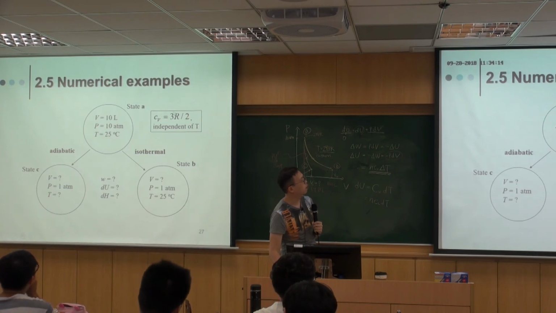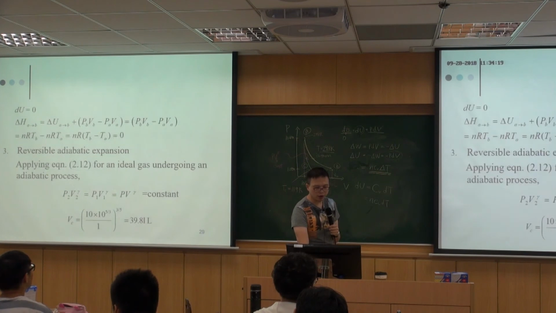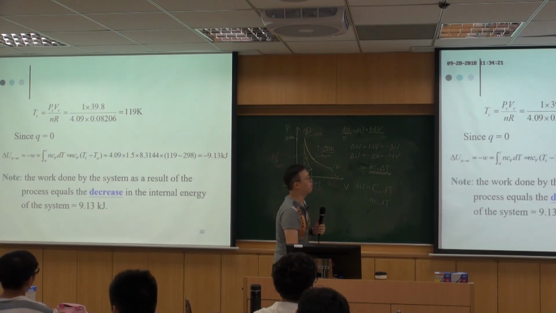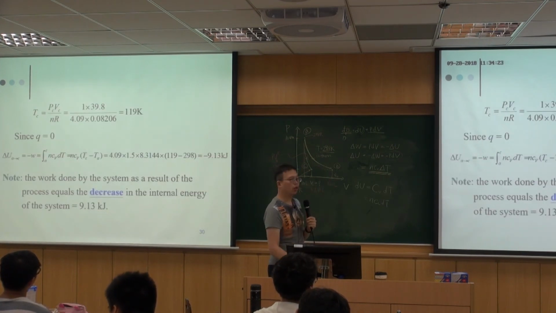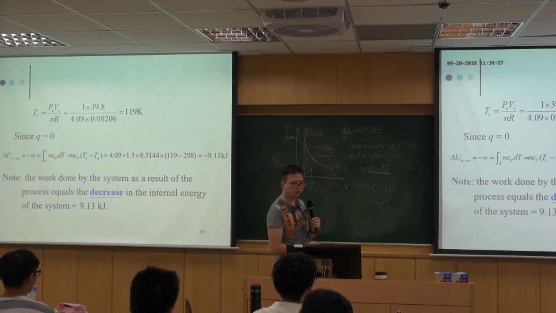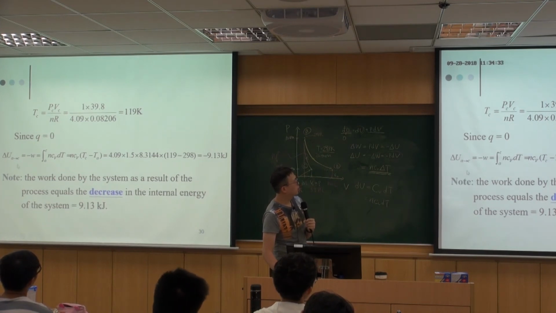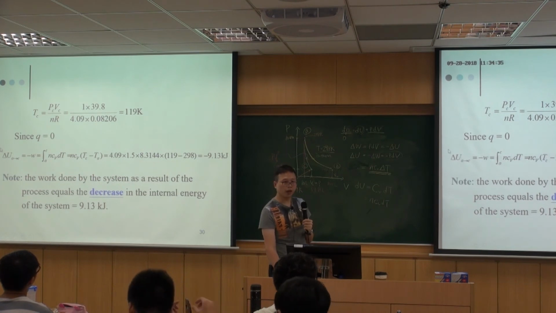And the R here should be 8.314, because we're trying to calculate this in units of joules. So it turns out that the change of the internal energy should be negative.